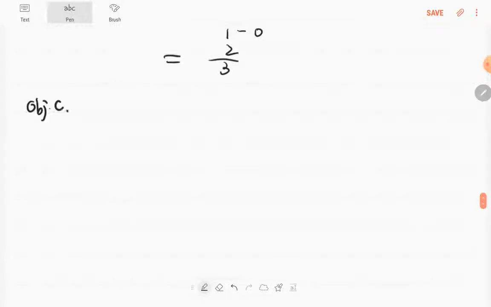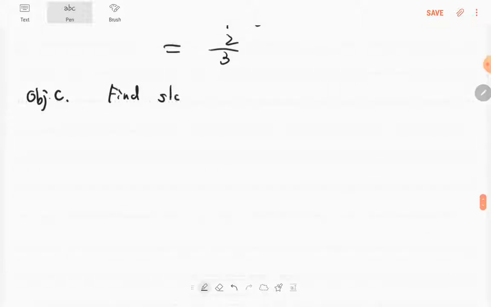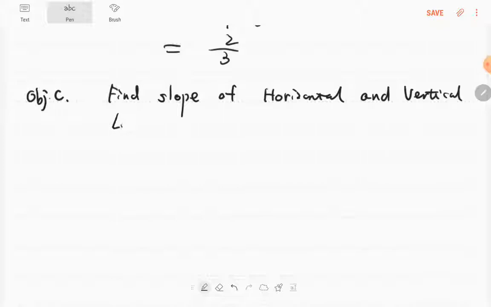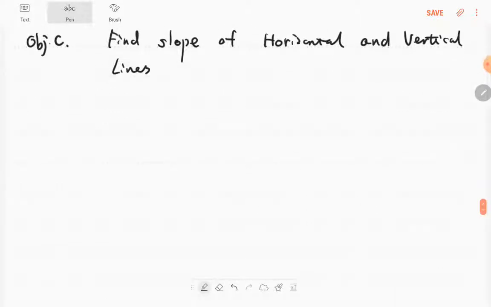So objective C, we could find the slope of horizontal lines and the vertical lines. It's based on some examples.